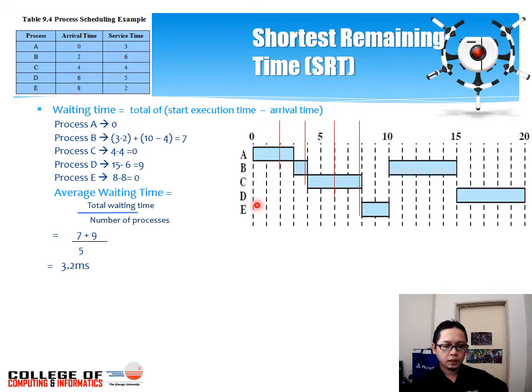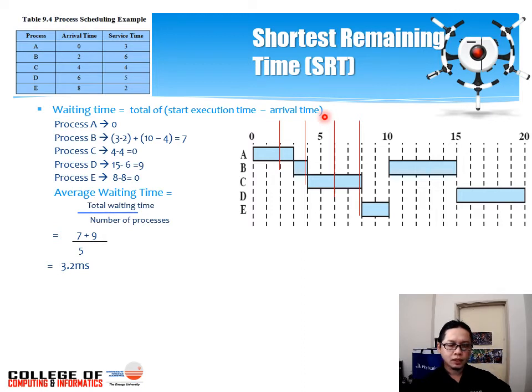And then for D, the execution time is from this point up to this point. So you get 9. And then the waiting time for E is 0 because it executes immediately upon arrival. So you add up all the total, divide by 5, and you get 3.2 milliseconds. So this is the performance of the average waiting time for the shortest remaining time algorithm.